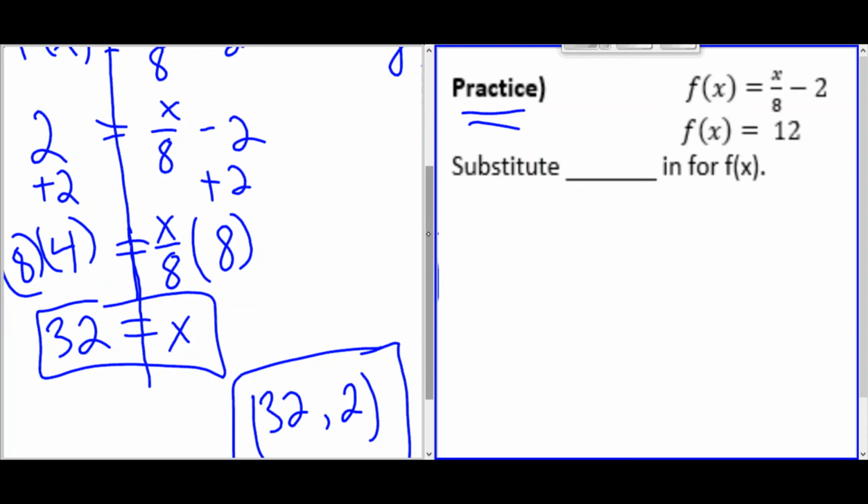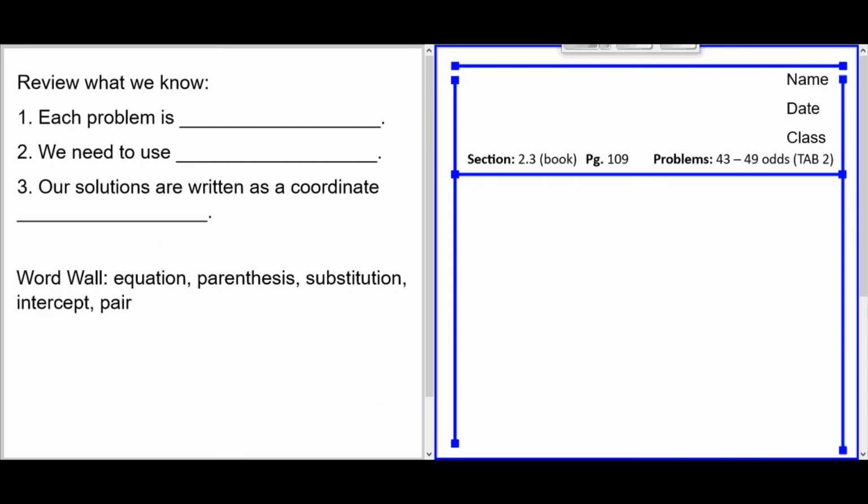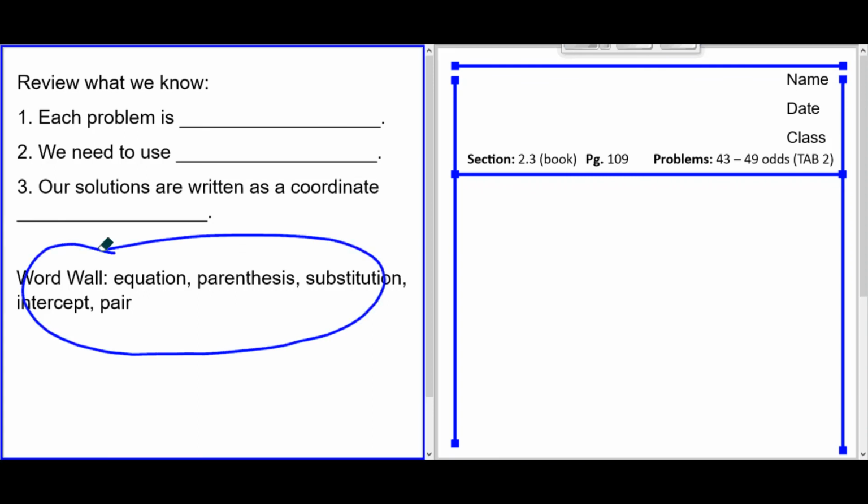All right. So hopefully you paused it. So let's do a little bit of review, and then I'll give you some problems to try. So each problem that we worked with today, here's a word wall for you, by the way, is substitution. So we use substitution all throughout today's lesson.